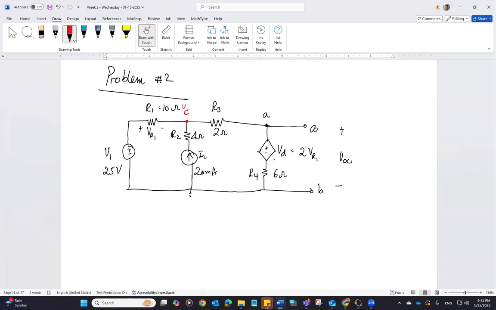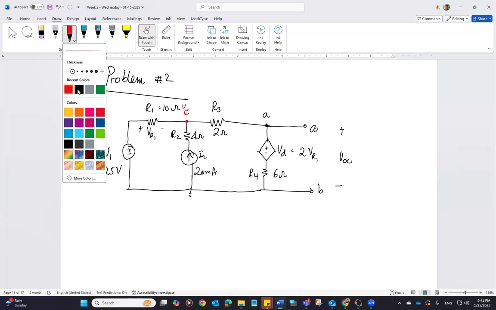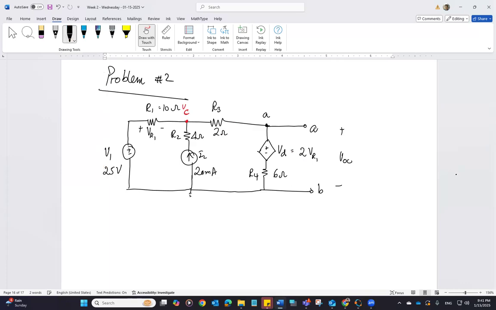Once we have the voltage at node C, and if we know what current is flowing through R3, then we can easily find the node voltage A based upon the direction in which the current is flowing through R3. Either that drop in R3 is going to be added to VC or subtracted from VC based upon the direction of the current that we take in R3, and we can write down the equation for VA.